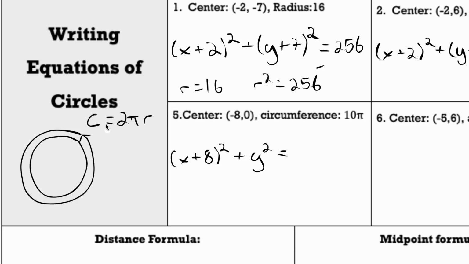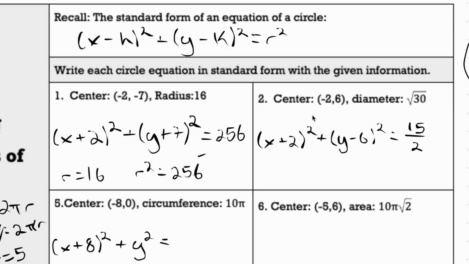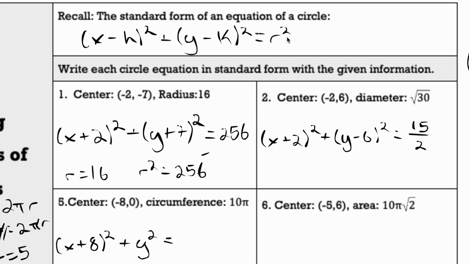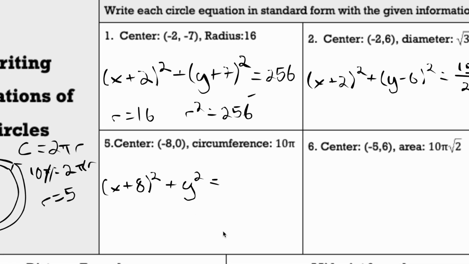So if our circumference is equal to 10 pi, we have 10 pi equals 2 pi r. These pi's cancel out, and we divide by 2. Hopefully you can see we get r equals 5. So if we look back up on our equation, this is equal to r squared, so this is going to be equal to 5 squared, and we're going to get 25.